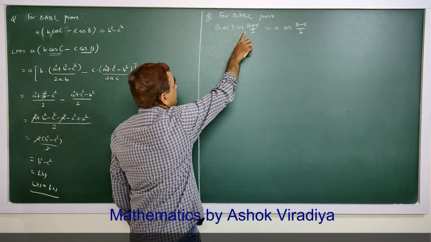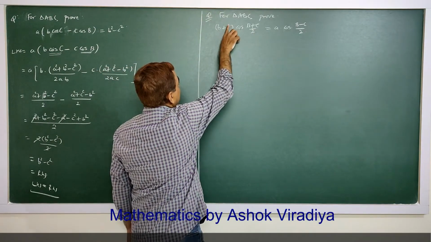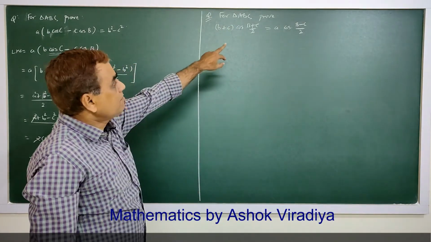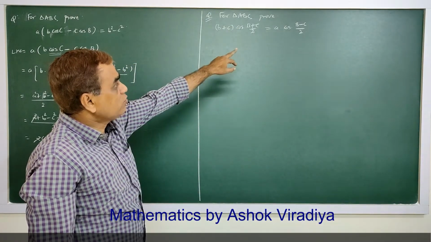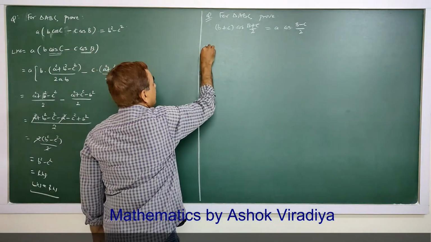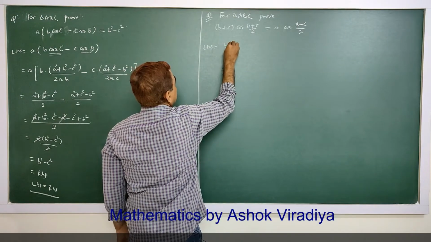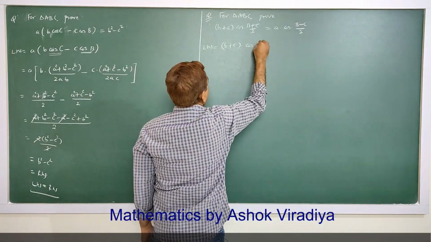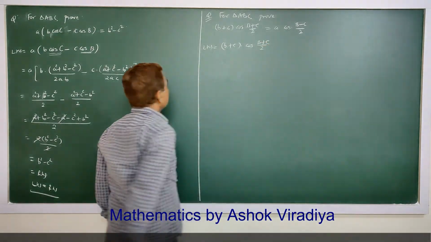For triangle ABC, prove that (b + c) cos((B + C)/2) = a cos((B − C)/2). Beginning from the left-hand side, (b + c) cos((B + C)/2).